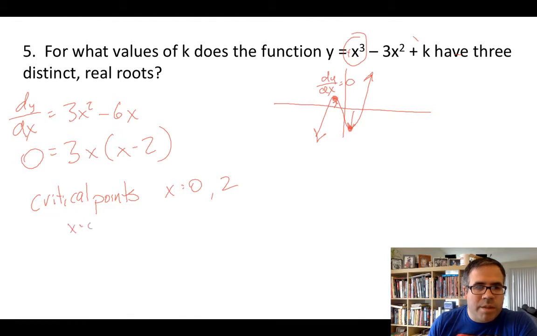When x equals 0, y is 0 cubed minus 3 times 0 squared plus k, which is just k. So what that tells us is that k, of course, has to be greater than 0.